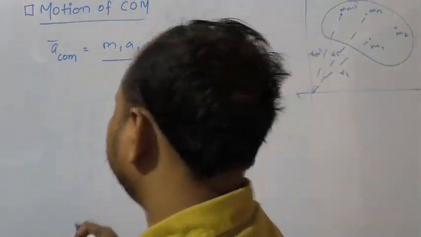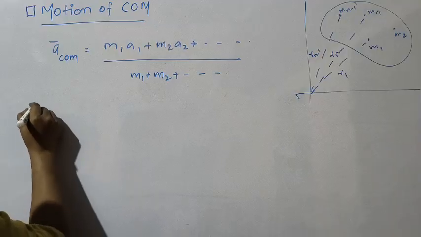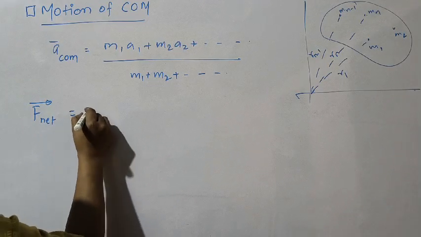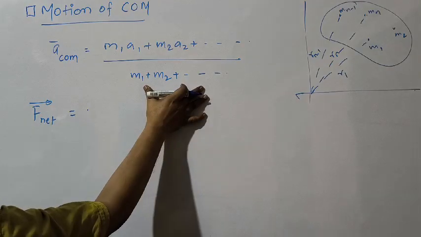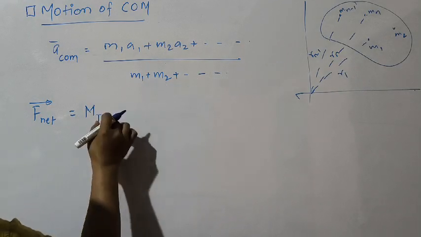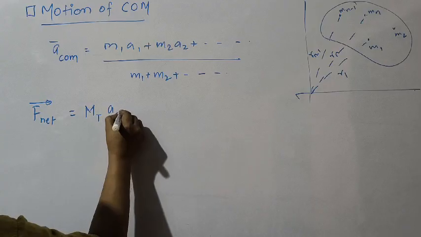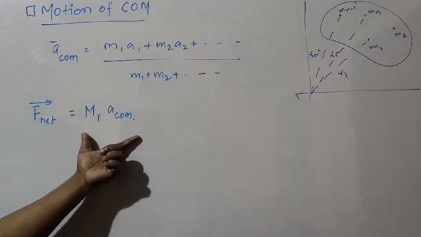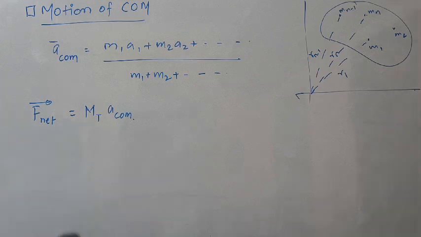The net force on the system can be written as total mass, that is the sum of all these masses, into the acceleration of center of mass. In this way we can write the net force.